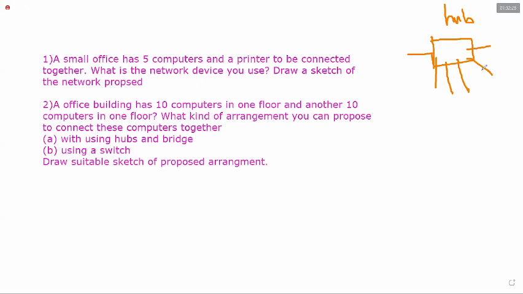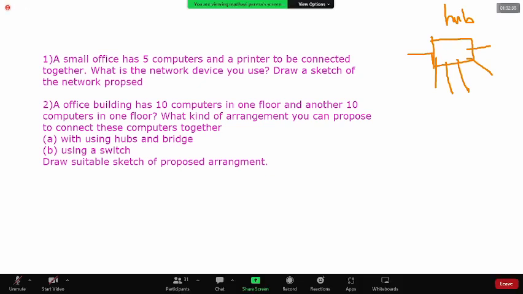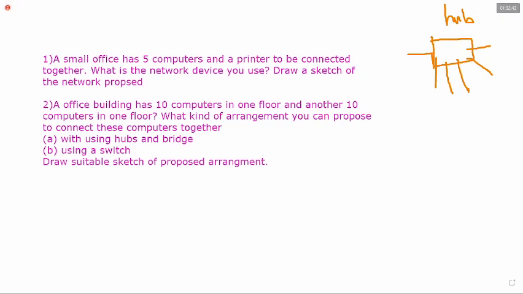Right. So the next one, how to do the next one? 2 hubs and bridge or switch. Yes. So 2 hubs and a bridge means what are the devices you are going to connect to one hub? 5 computers. Sorry, floor. One floor, right?